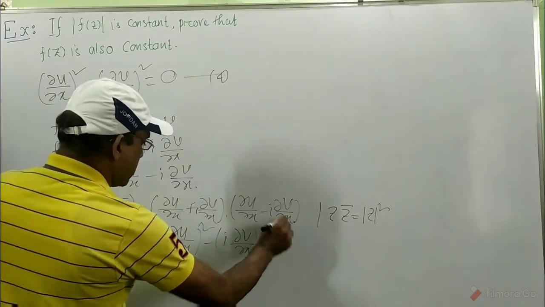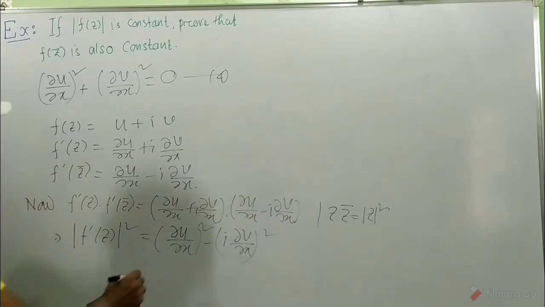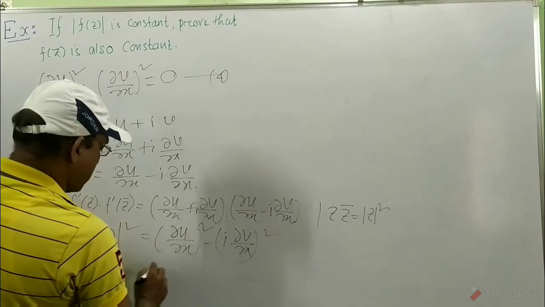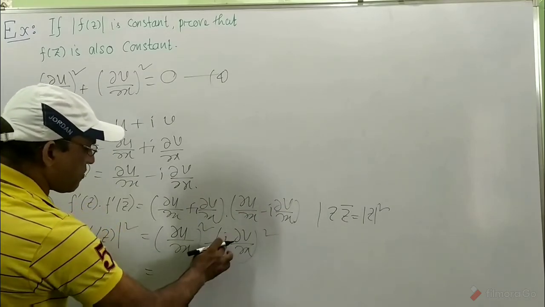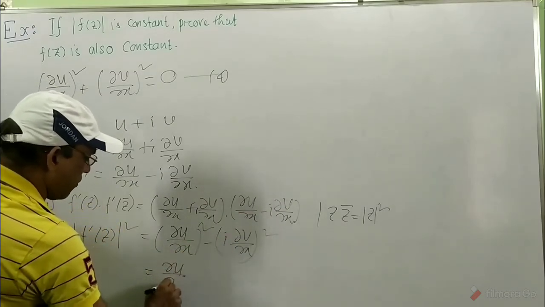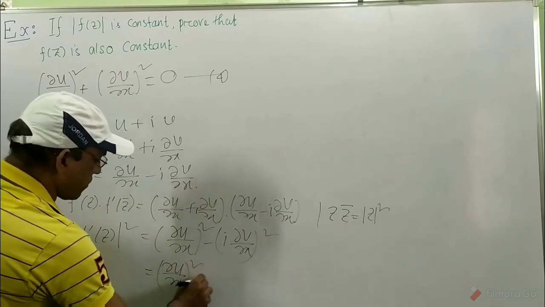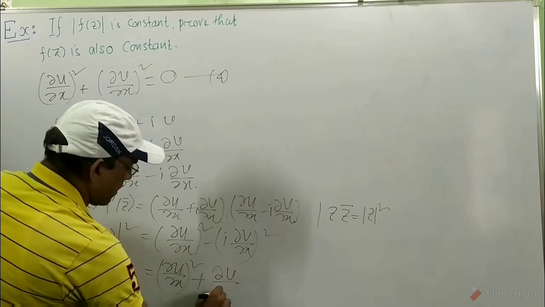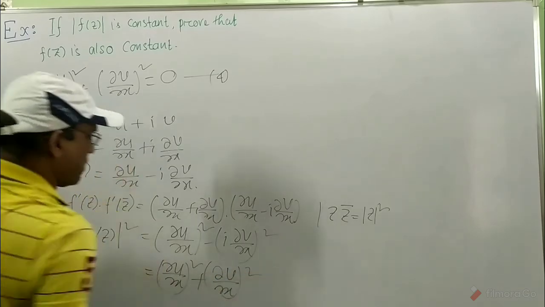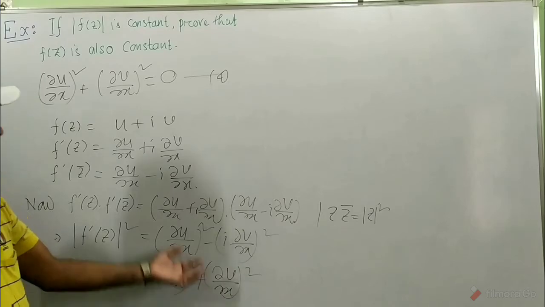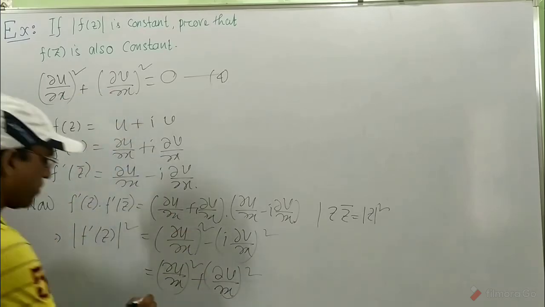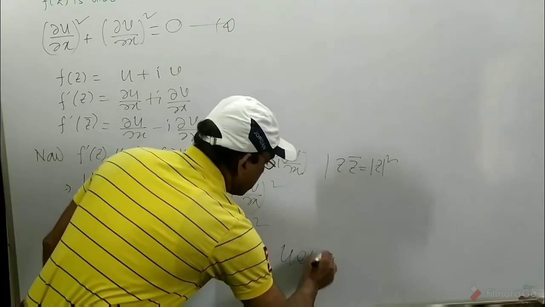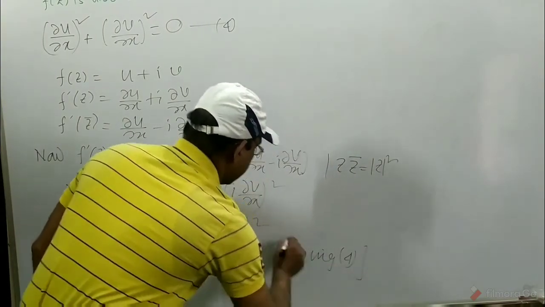I square means minus 1, so this will be (∂u/∂x) whole square plus (∂v/∂x) whole square. And this value we get 0 using 4.